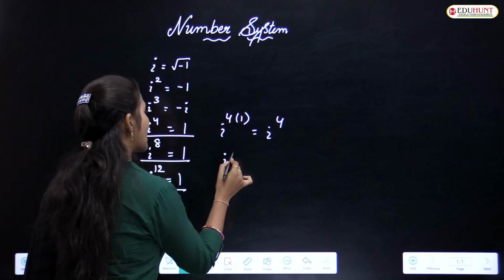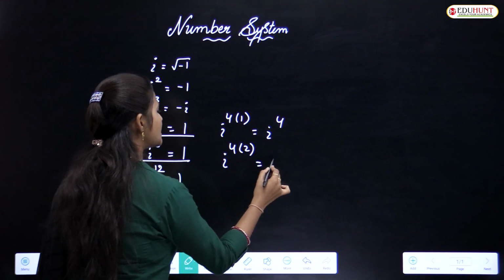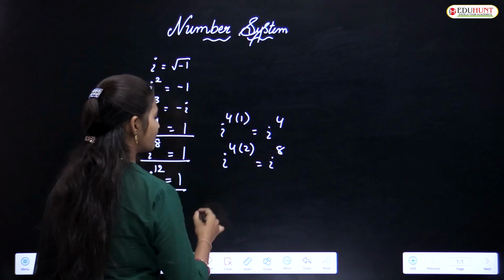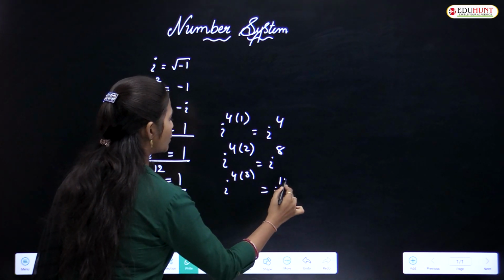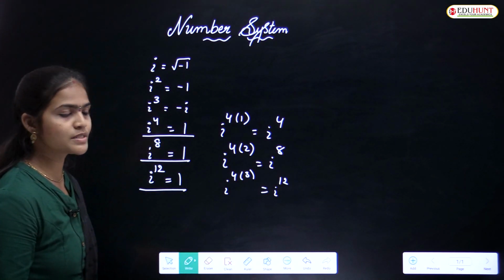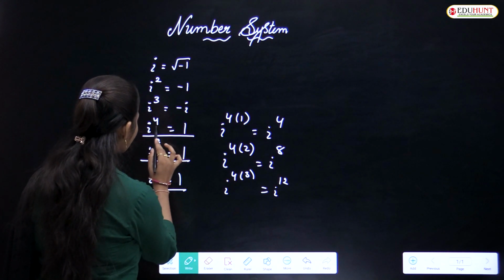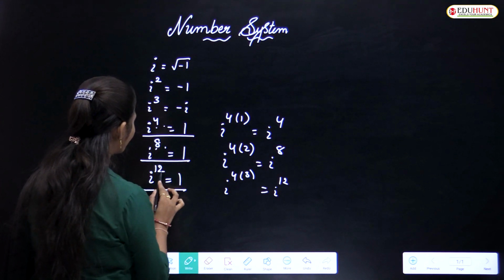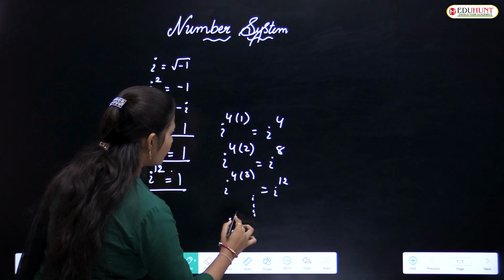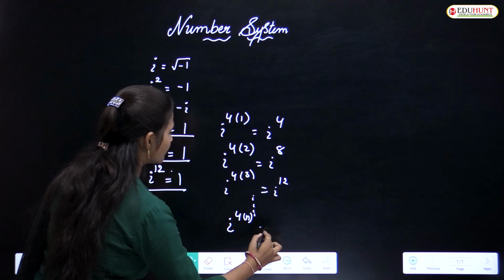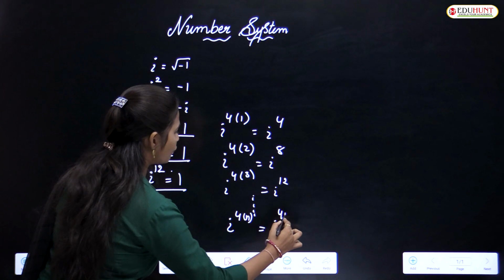Next, i power 4 into 2 is i power 8. i power 4 into 3 is i power 12. So we can express these as 4 into 1, 4 into 2, 4 into 3, and in the same way, i power 4 into n is equal to i power 4n.